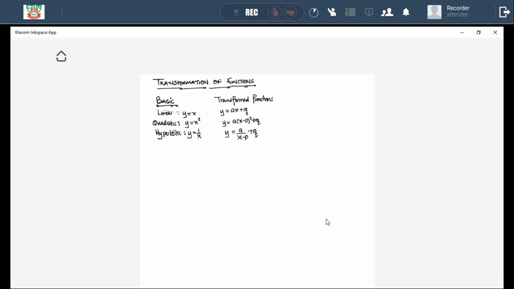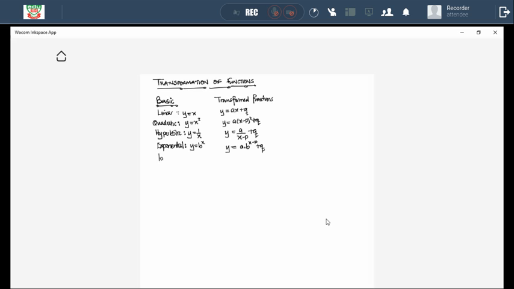Now, the next one is the exponential function. The basic or mother graph for an exponential function is given by y equals b to the power x, but when transformed, this is y equals a times b to the power (x minus p) plus q, something like that.